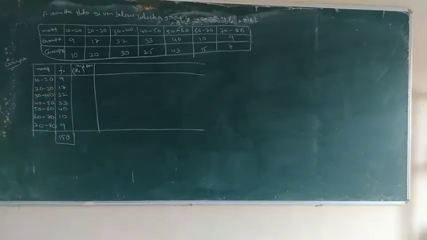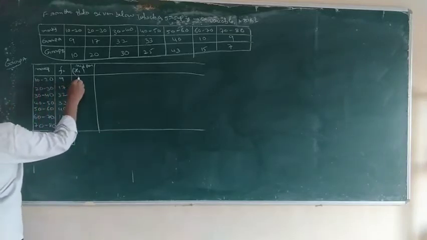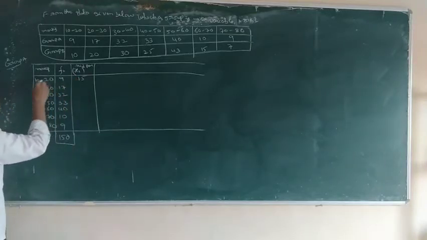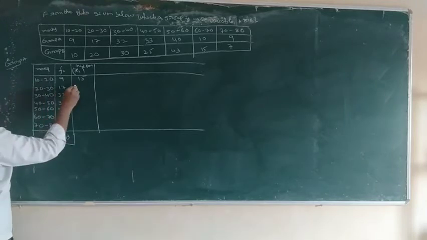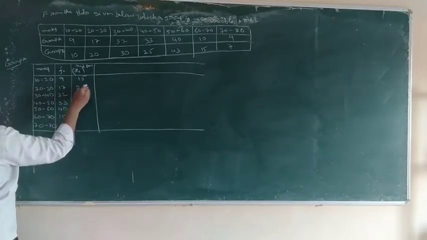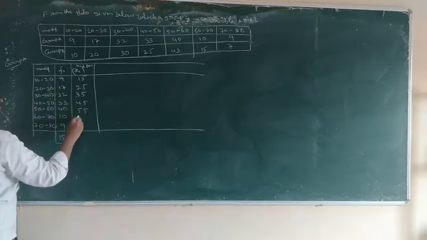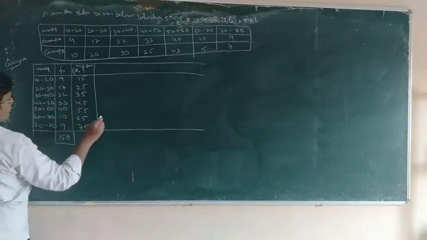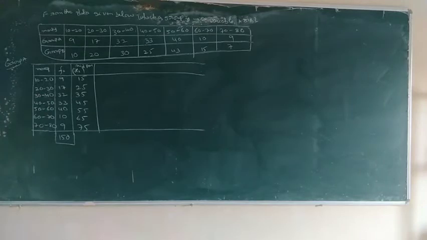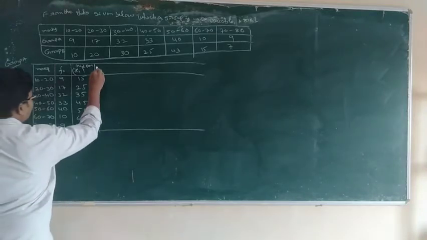Lower class limit plus upper class limit by 2. 10 plus 20, 30 by 2, 15. The difference is 10, so 15 plus 10, 25. 25 plus 10, 35, 45, 55, 65, 75, because each class limit difference is 10. So this is the midpoint.